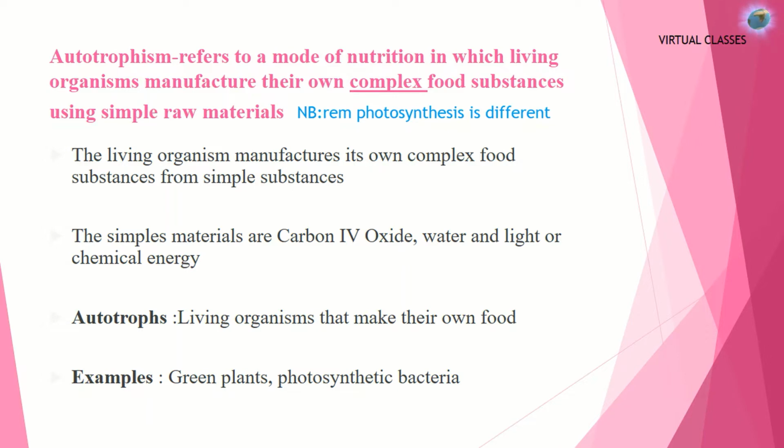Now, the living organisms usually manufacture their own complex food materials from simple raw materials. So these organisms obtain simple raw materials like water, for example, and carbon dioxide, and they manufacture something that is so complex.